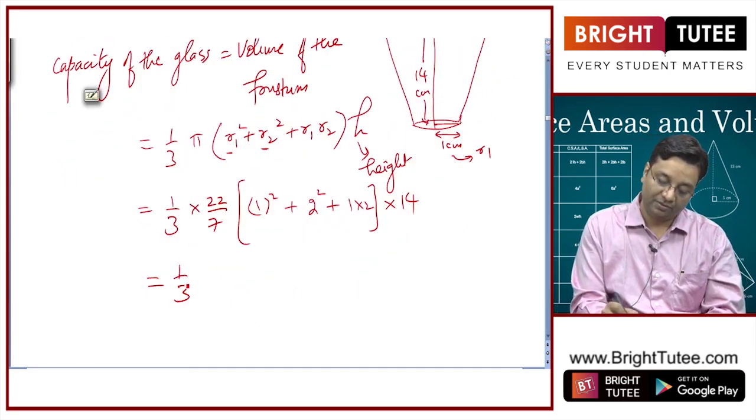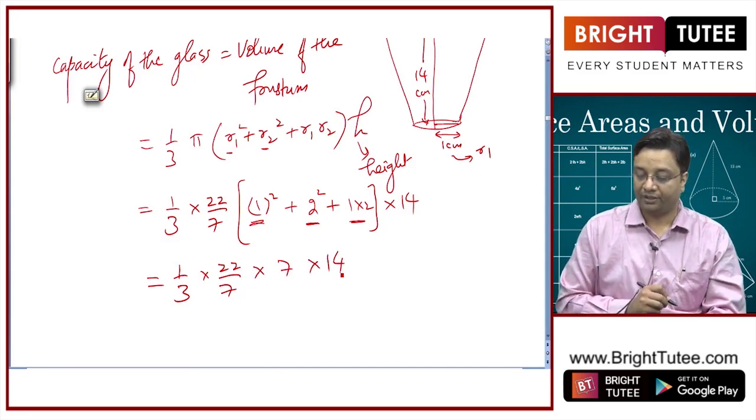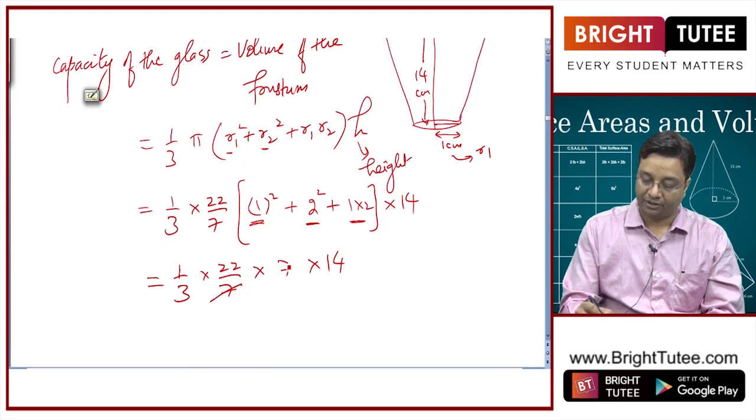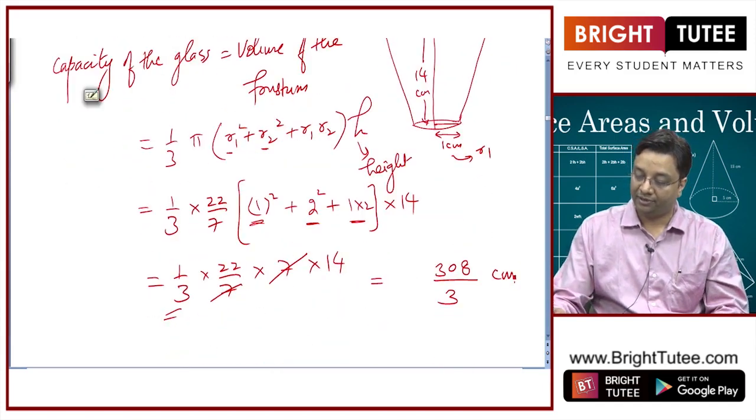So this is equal to 1 by 3, 22 by 7 into (1 plus 4 is 5, plus 2, 7) into 14. So this 7 can be cancelled. So this is equal to 308 by 3, and the unit is centimeter cubes.